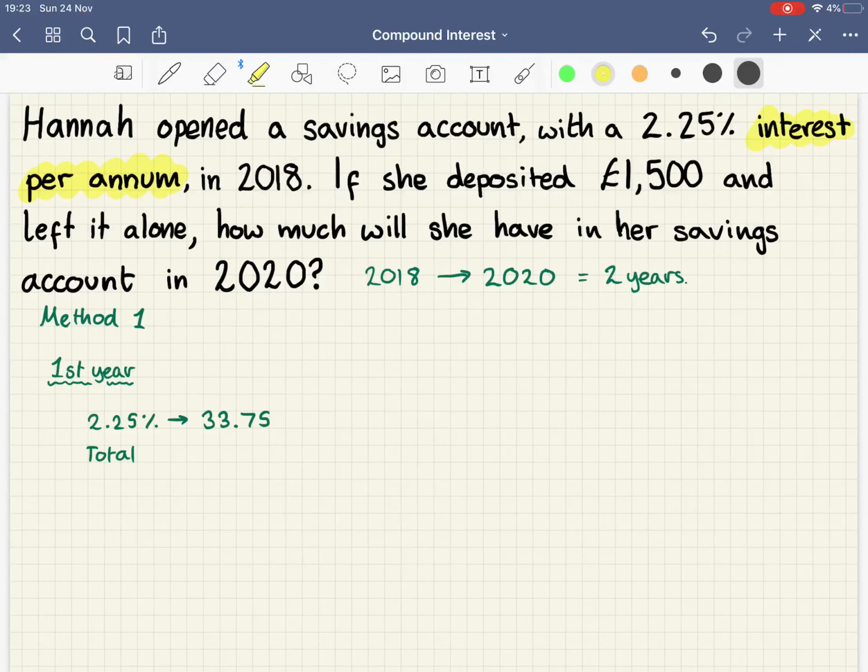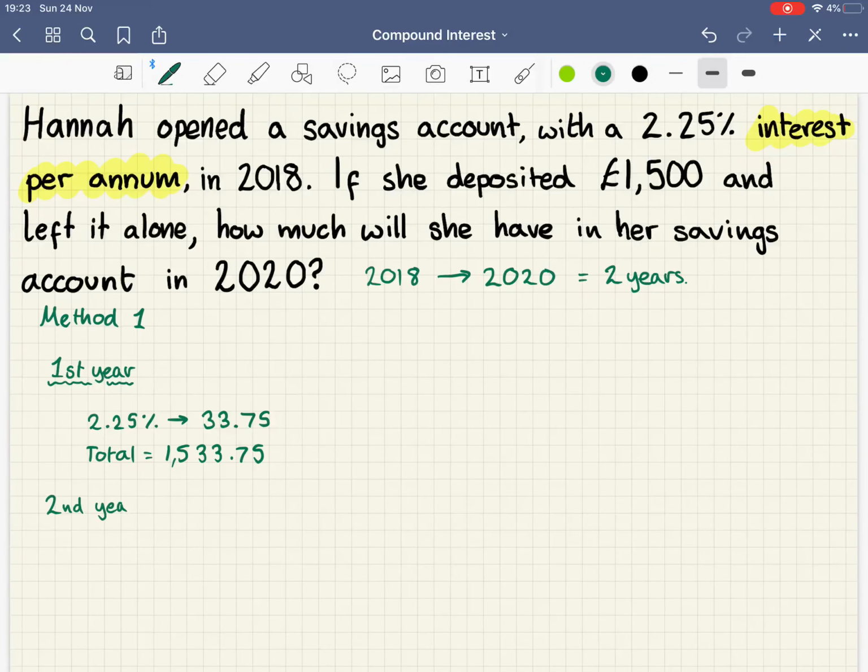And I mean, even think about it in context. Would you put money into a bank if it meant you were losing money? No, you wouldn't. It has to be increasing. So you'll be adding in this time to give you £1,533.75.